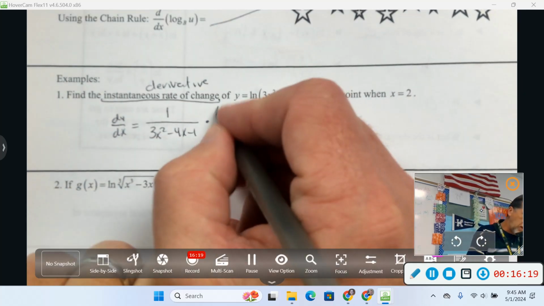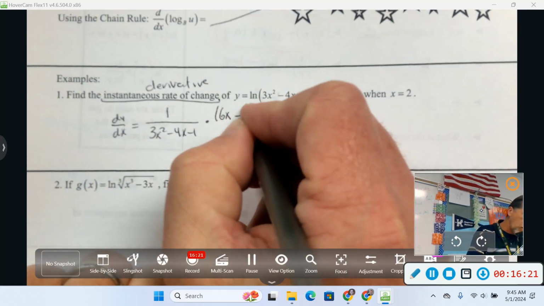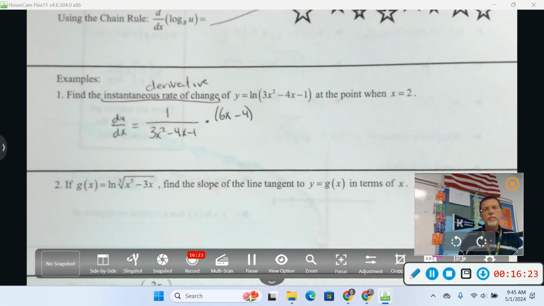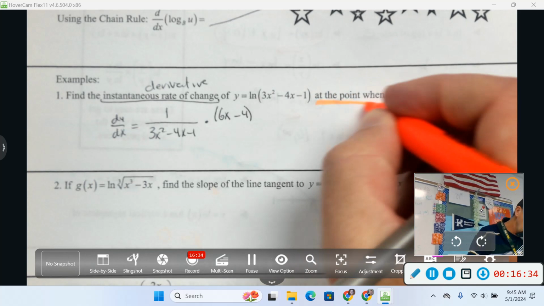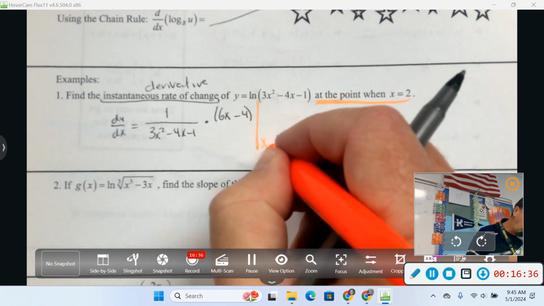So that would be 6x minus 4. 1 over the argument times the derivative of the argument. And since it says at x equals 2, that means we'll need to evaluate that at x equals 2.